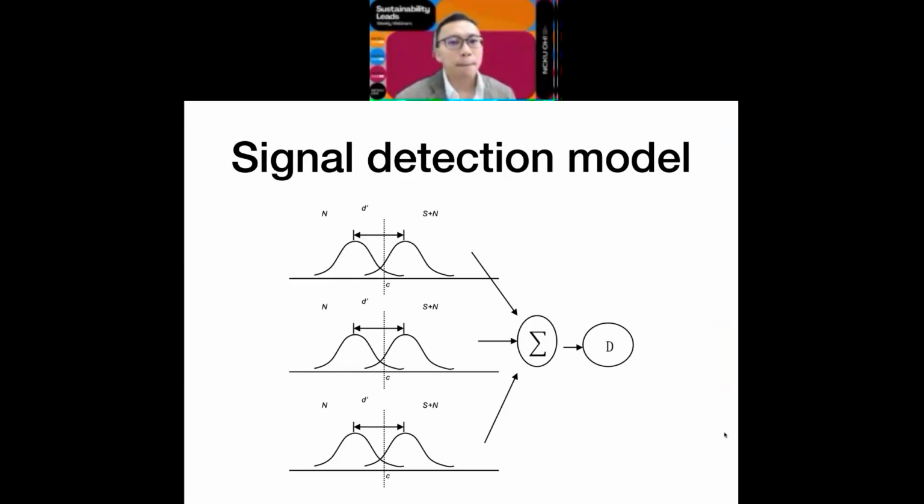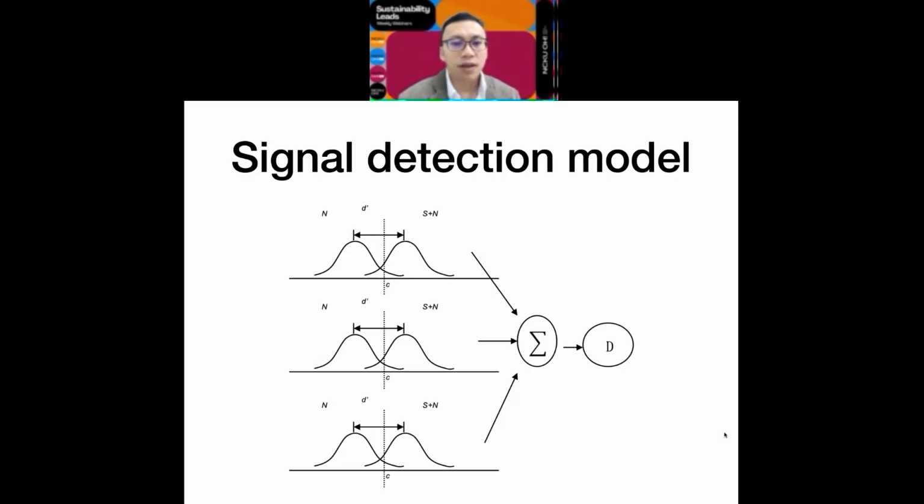Usually in the literature of cognitive science, there is a very classical model, the so-called signal detection model. Using the signal detection model, we can well characterize the detection performance of each individual observer. According to the signal detection model, we assume that people process different features at the same time, in parallel and simultaneously.